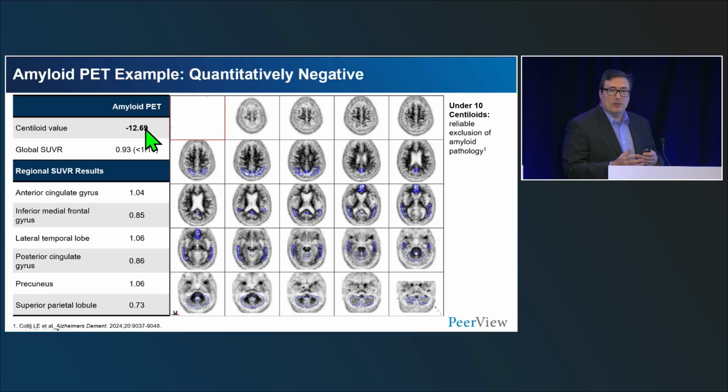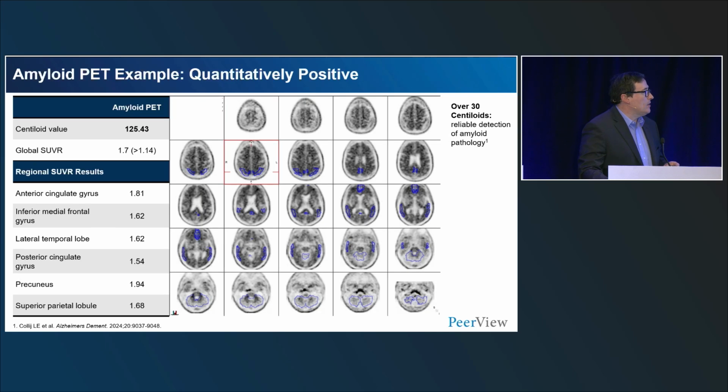That doesn't necessarily mean there's an error. We see these, and this is a visually negative and a quantitatively negative study. There's also some of the key regions where you can see SUVRs reported as well. And sometimes they use that for quality control, and you'll see that in some of these as they come up. So clearly below 10 matches the visual. This is a straightforward negative case.